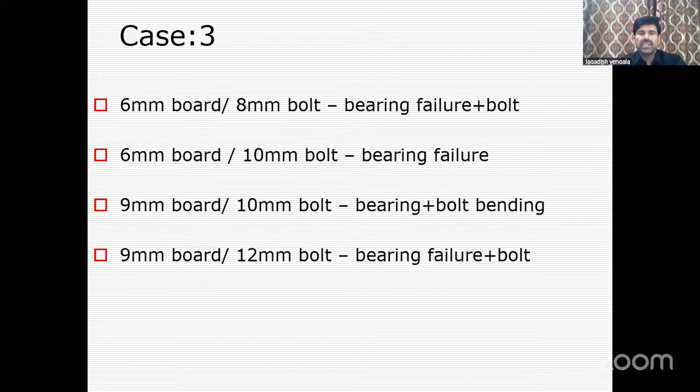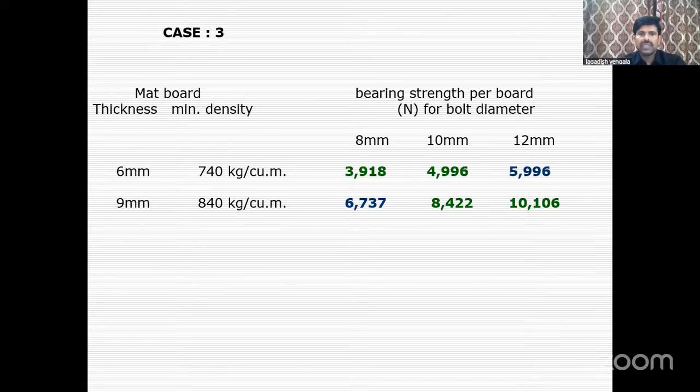You can see the 6 mm with the 8 mm bolt shows bearing failure plus bolt failure also. The 6 mm with the 10 mm bolt shows bearing failure. The 9 mm with the 10 mm bolt, the bolt bent. That's all, bearing failure.